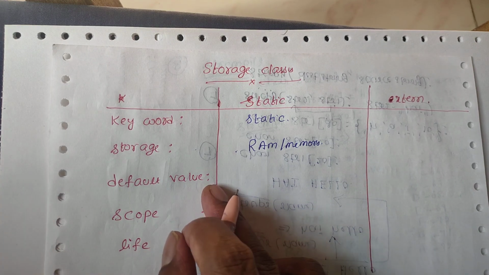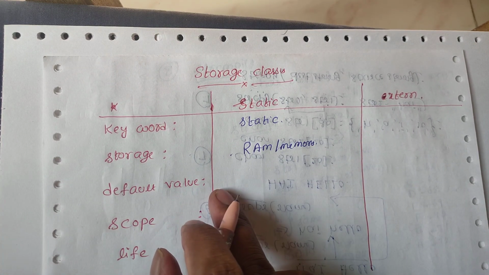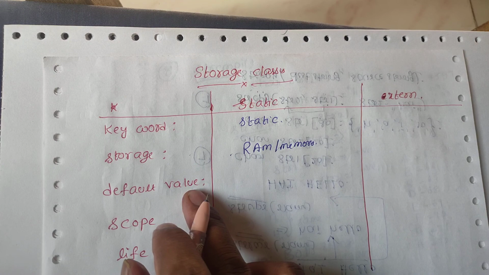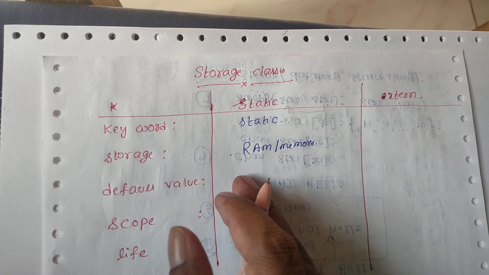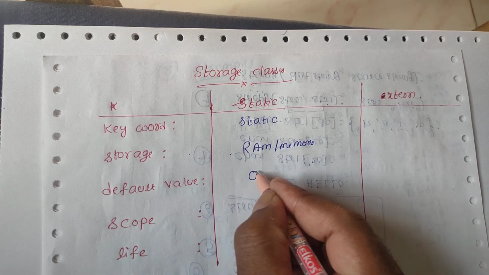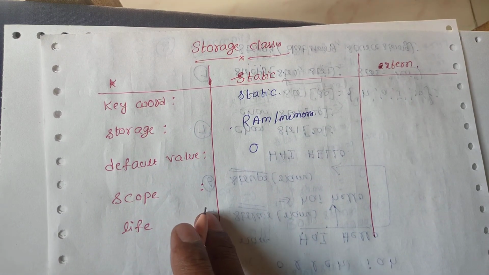What is the default value? In the automatic and register storage classes, the default value is a garbage value, but here the default value is 0. What about the scope and life?